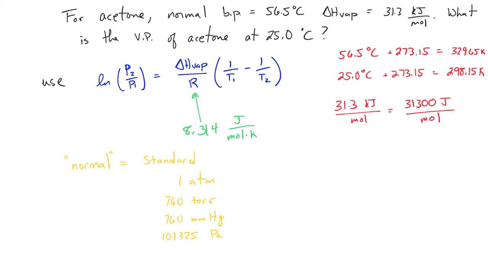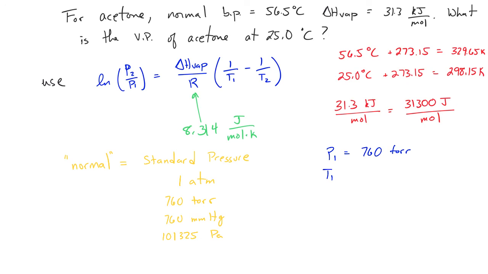So the pressure, one of the pressures that we're going to put in is going to be 1 atmosphere, or we can choose 760 torr, millimeters of mercury, or 101,325 pascals. So that's going to be one of the pressures. So that means that one of the pressures, we'll call it P1, is going to be 760 torr. I'll choose torr. You could choose any of the units you wanted.